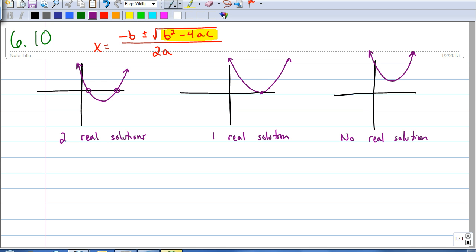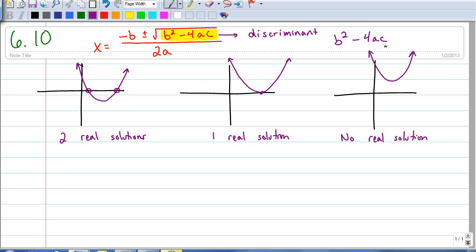I only highlighted the part that was underneath it. This part here is what we call the discriminant. So technically the discriminant is just the b squared minus 4ac.